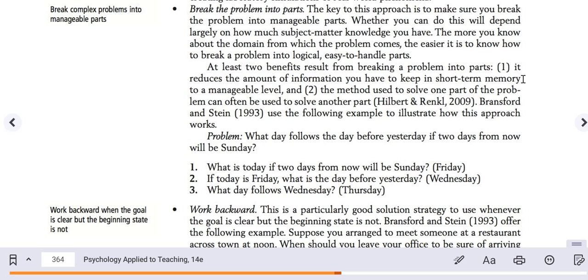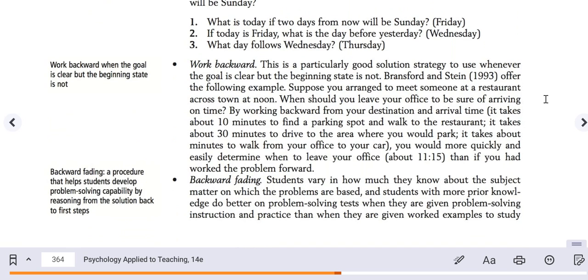Work backward. This is a particularly good solution strategy to use whenever the goal is clear, but the beginning state is not. Bransford and Stein offer the following example. Suppose you arrange to meet someone at a restaurant across town at noon. When should you leave your office to be sure of arriving on time? By working backward from your destination and arrival time, it takes about 10 minutes to find a parking spot and walk to the restaurant.